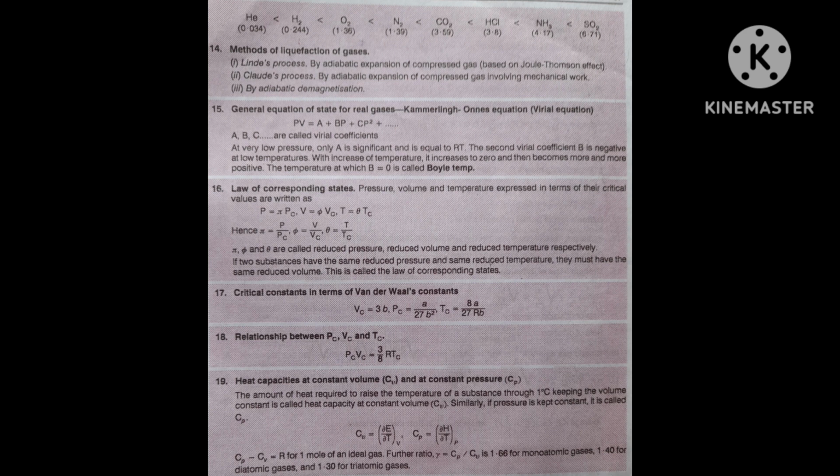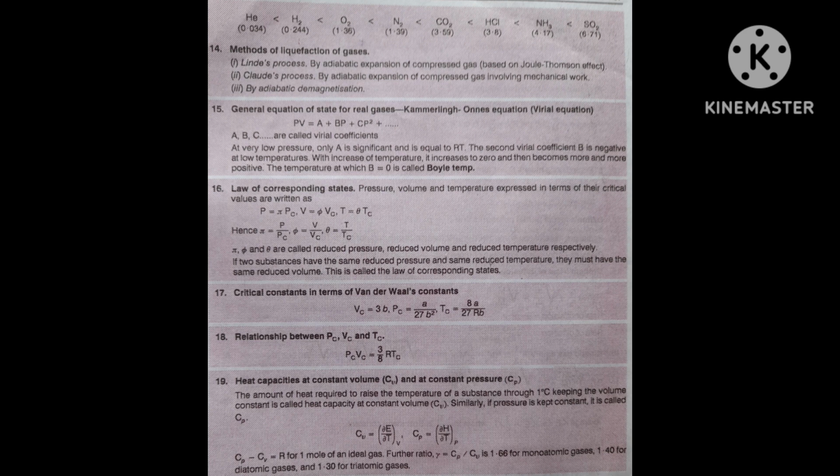Vc is equal to 3b, and Pc is equal to a upon 27b square, where a and b are van der Waals constants, and Tc is equal to 8a divided by 27Rb. 27 is common in both Pc and Tc, and a and b again common.